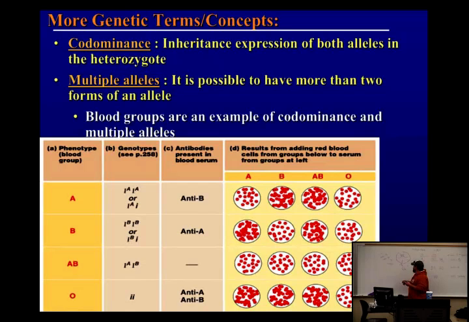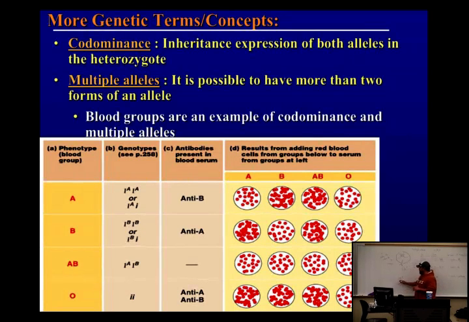But if you're positive, you don't make any antibodies, right? So then you can take negative blood. Does that make sense? So AB negative can take only negative then? No, you would have to be AB positive to take anyone's blood, because you would make antibodies for nothing.